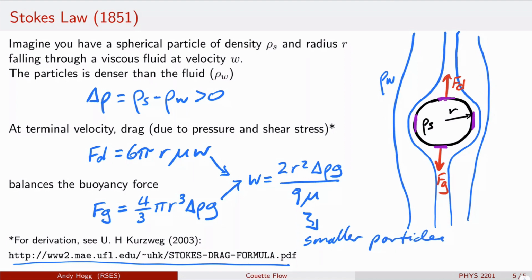So this is not a complete solution, but it does give you an idea of how viscous shear stress acts on very small scales to retard the fall of particles. And I'd like you to keep in your mind how the action of shear stress amplifies at small scales, because that's going to be a theme that we come back to in next week's lectures.